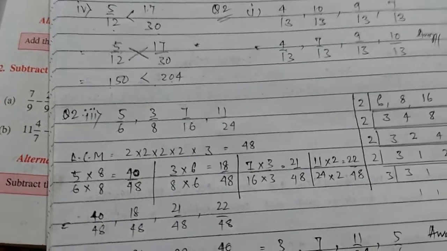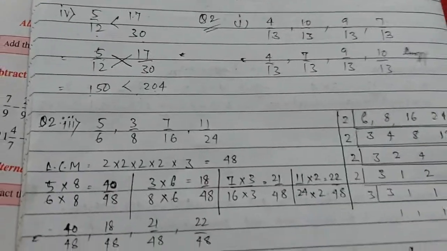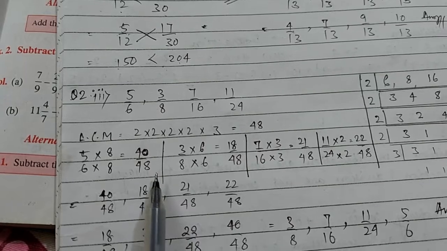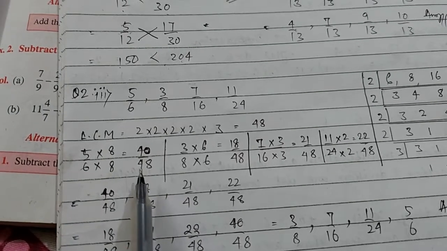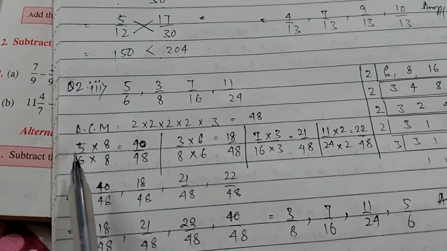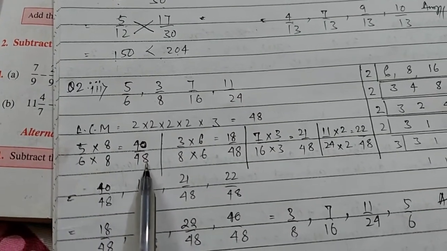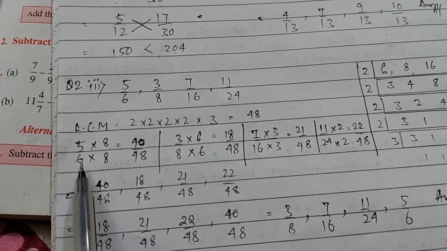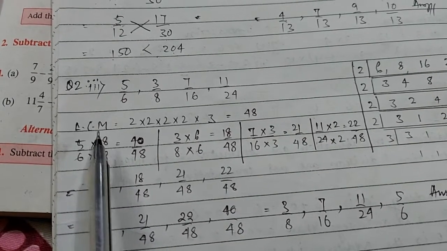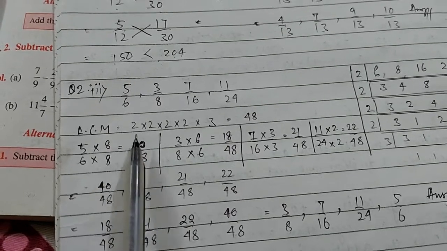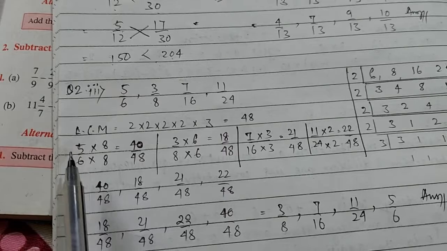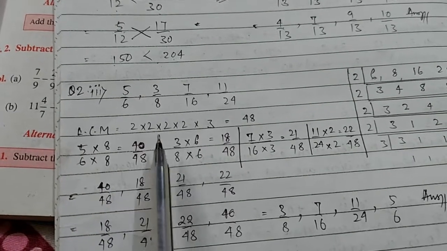As I have told you previously, we have to bring 48 as the denominator, so we multiply the denominator with 8, and similarly we multiply the numerator with 8 also. The result is 40 by 48. In this way we change the fractions into like fractions.